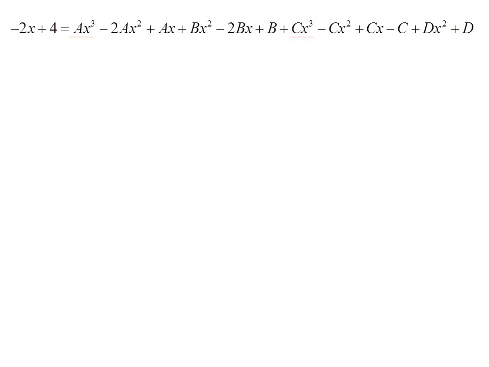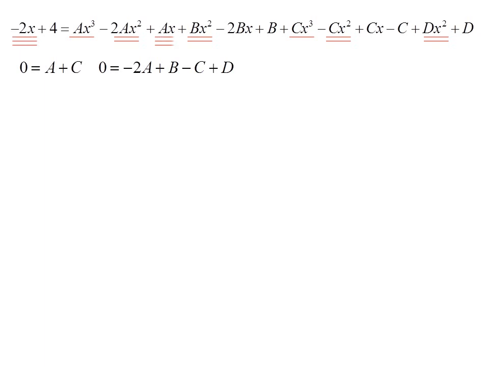First, the x cubed terms. There are no x cubes on the left, so we get 0 equals a plus c. And notice I didn't bother to write down the x cubed. For the x squared terms, we find 4 of those, and we get 0 equals negative 2a plus b minus c plus d.